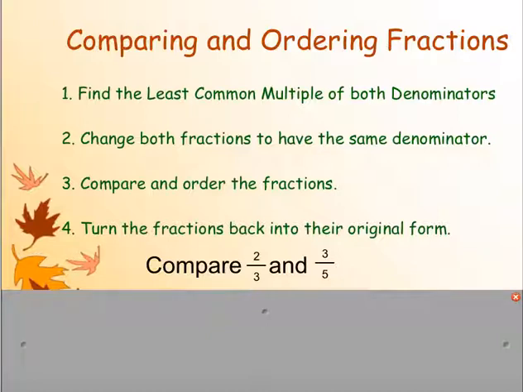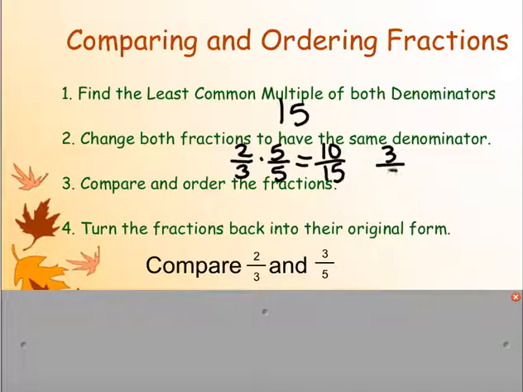Now, if we are comparing 2/3 and 3/5, we look at those denominators, 3 and 5, and we say, what is the least common multiple? And as you know, that would be 15. Well, we need to change 2/3 to have a denominator of 15. And by multiplying by 5 over 5, I'm not necessarily changing 2/3, just changing what it looks like. But what's great is that it gives me a denominator of 15.